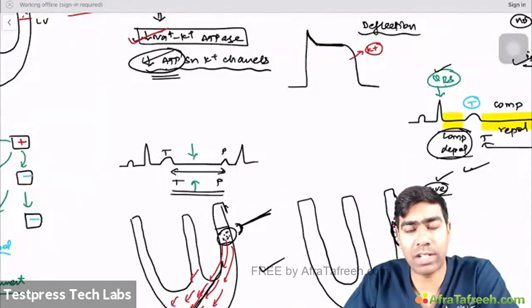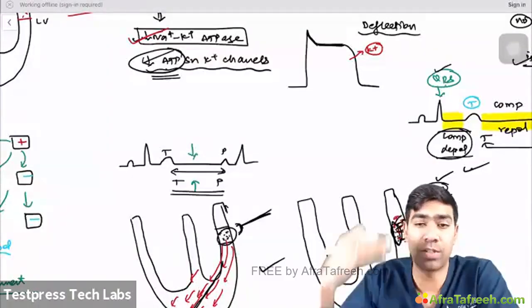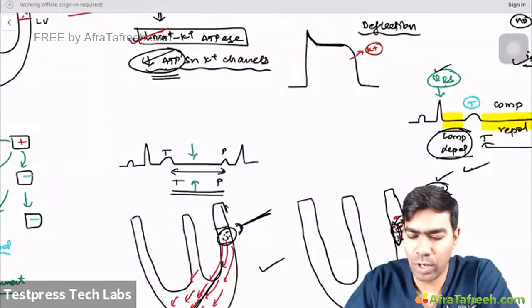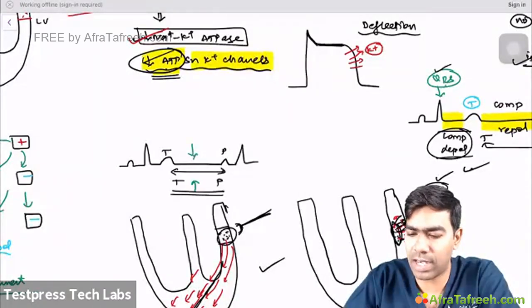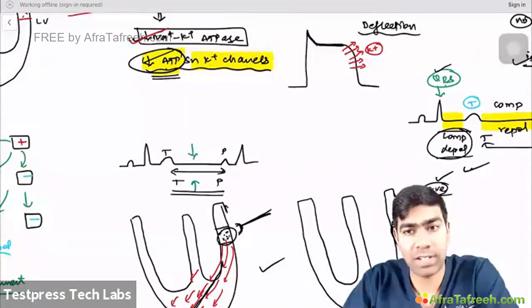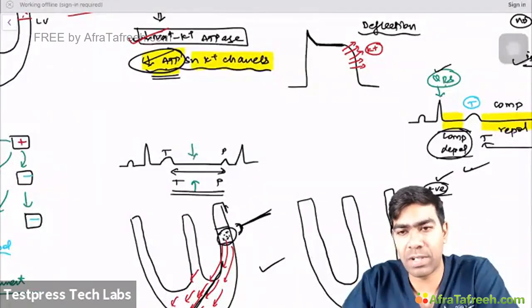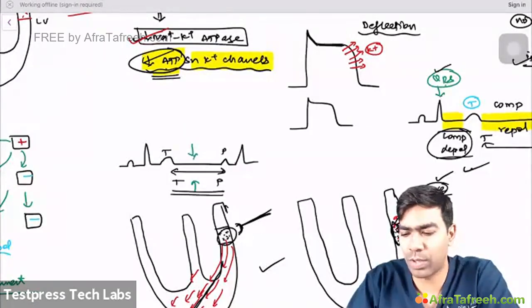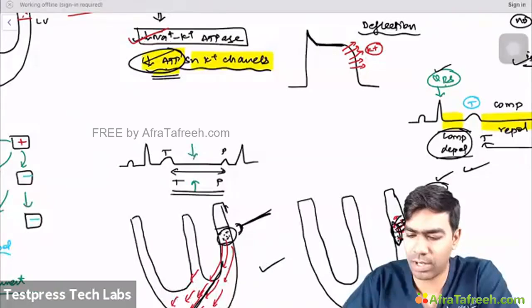That's done by ATP sensitive potassium channels, which block the outflow of potassium. Suppose you have low ATP, these potassium channels will not work properly, which means the potassium efflux is going to happen at a faster rate. If the potassium efflux happens very rapidly, I can draw like this, which means the action potential is going to shorten. So I can draw it in a much neater way.